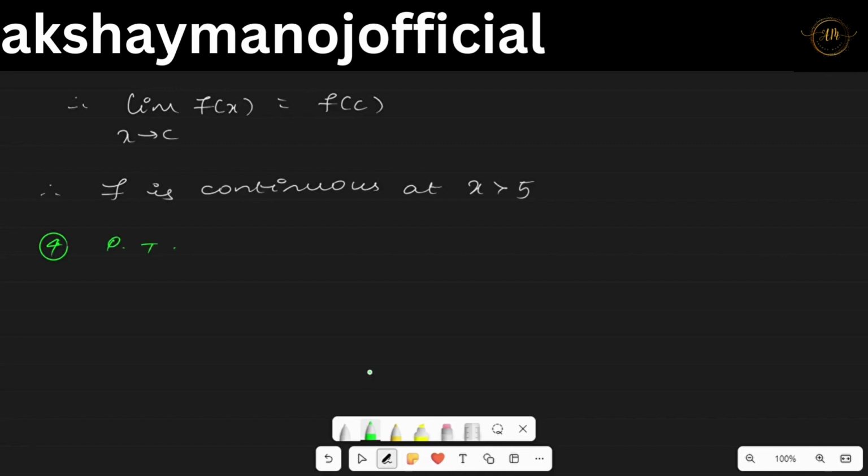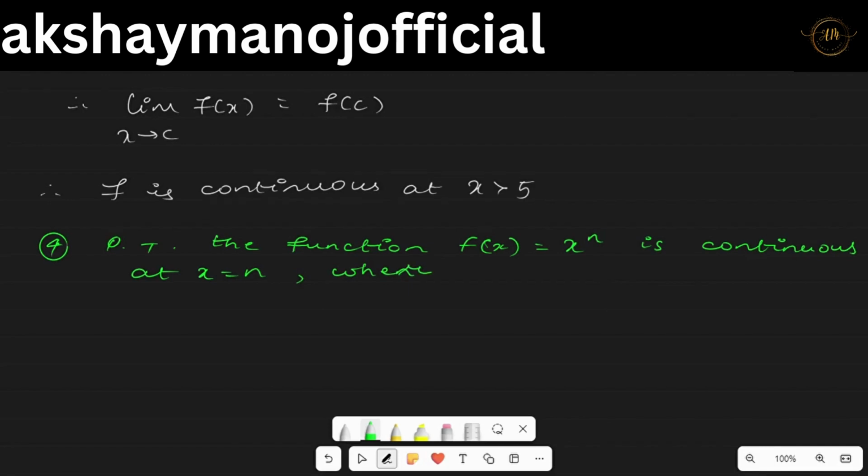Prove that the function f(x) equals x to the power n is continuous at x equal to n, where we have one more condition here, where n is a positive number.